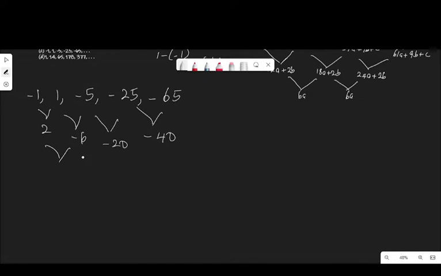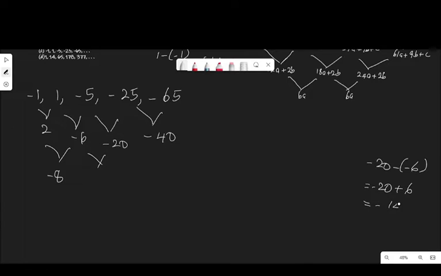For the second order difference, minus 6 minus 2. That is minus 8. Minus 20 minus minus 6. There are 2 levels of minus there. Minus 20 minus, then another minus again, 6, which is minus 20 plus 6.